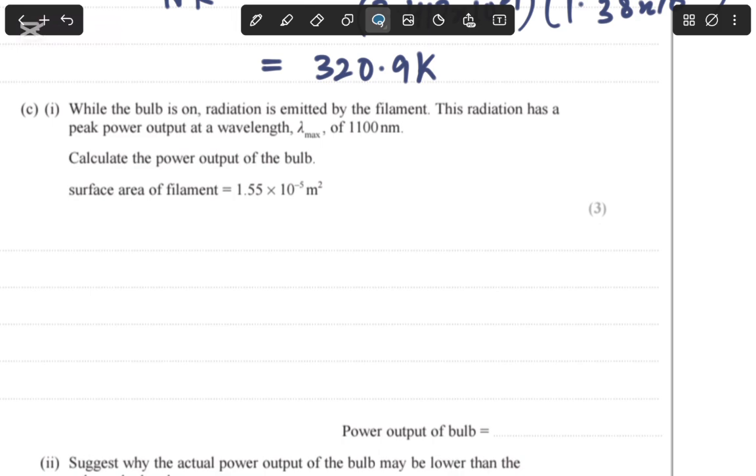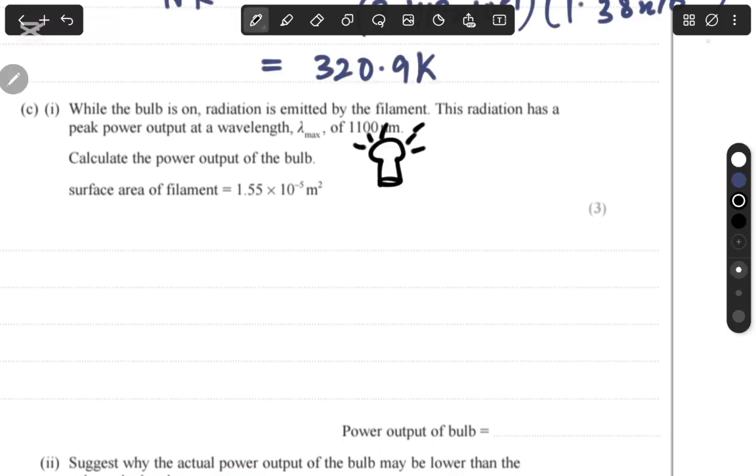So one thing I want you to keep in mind is that we're taking the bulb, we take the light of the bulb and we plot a curve, a black body curve, which is going to look something like this. And when you're plotting this black body curve, you assume that this bulb is a black body. So I want you to keep that in mind.